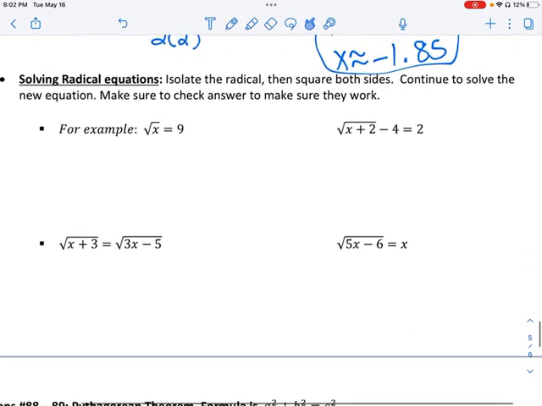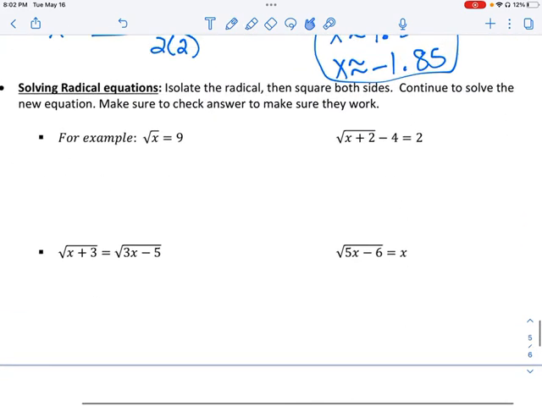All right, we're nearing the end here. So we're going to look at this last part, solving radical equations. So just like up above, we isolate the radical, but this time instead of square root, we take the square of both sides, and then we can continue to solve the equation. Make sure you check your answers, make sure you're not doing anything that gives you an extraneous solution.